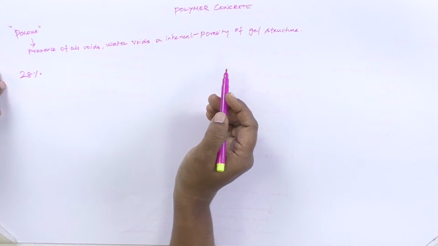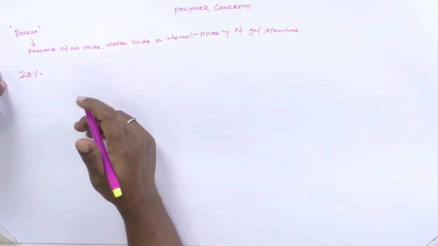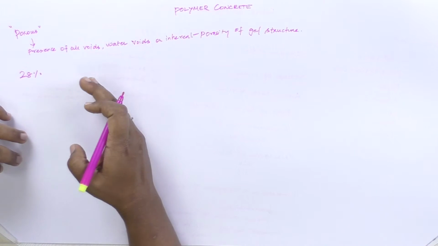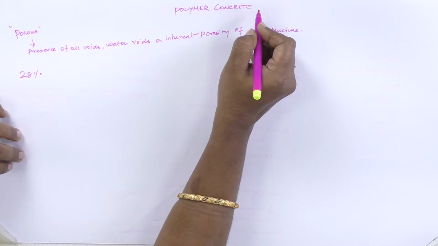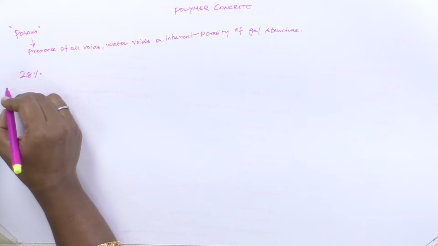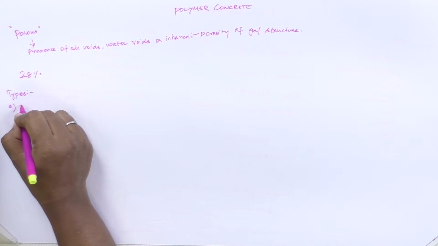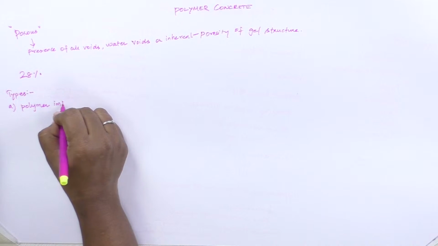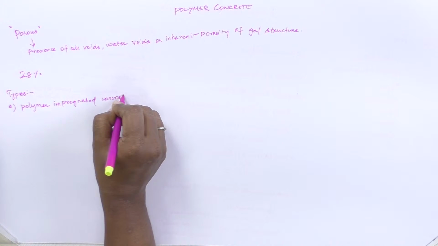Here polymer concrete is a composite made by combining the concrete and modern polymer techniques. That's why the name polymer concrete. Now we will discuss the types. First one, polymer impregnated concrete.